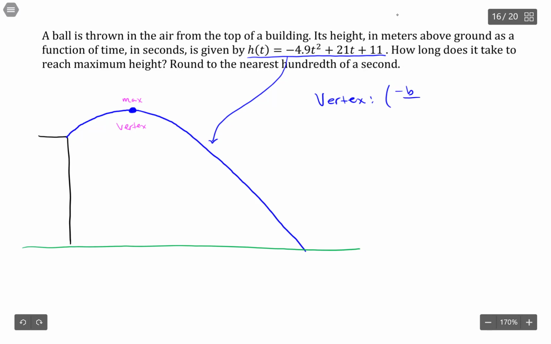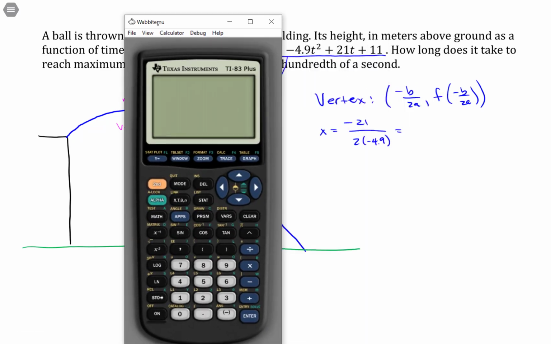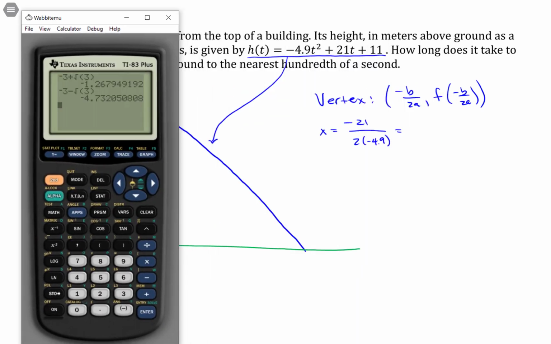So the vertex of a parabola is negative b over 2a, comma, f of negative b over 2a. So the x-coordinate of this vertex is going to be at negative 21 over 2 times negative 4.9. Now, this is not necessarily going to end up being integer values as our answers, so let's go ahead and let the calculator help us out.